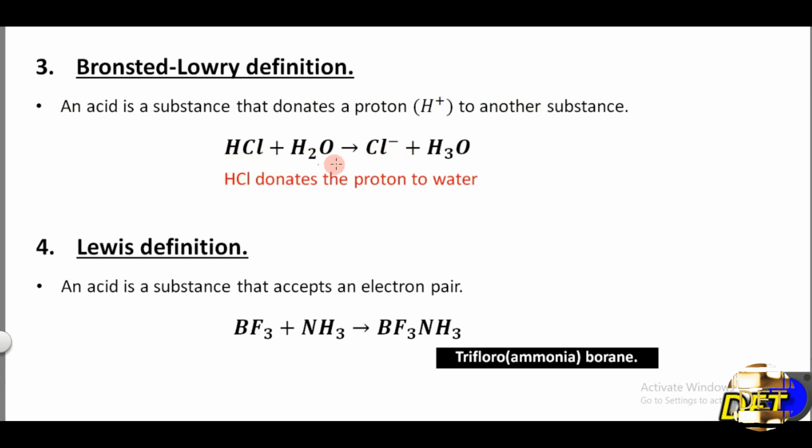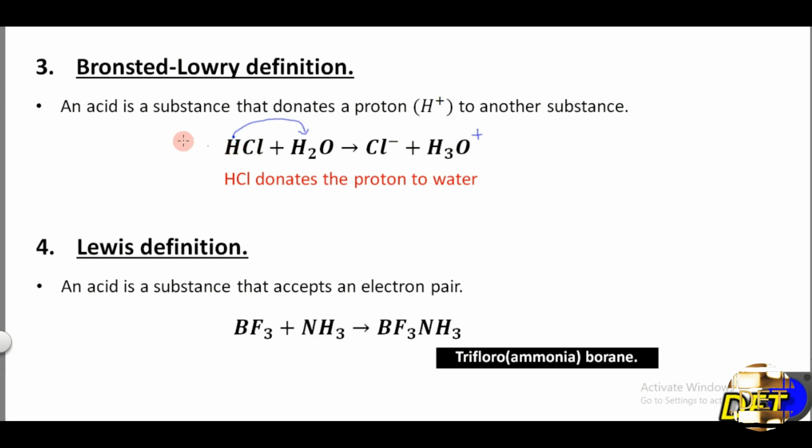If you look at this reaction, hydrochloric acid reacting with water donates this hydrogen. A proton is a hydrogen ion. That's what a proton is. So it will donate hydrogen to this what? Water, to produce chloride ion and hydronium ion.